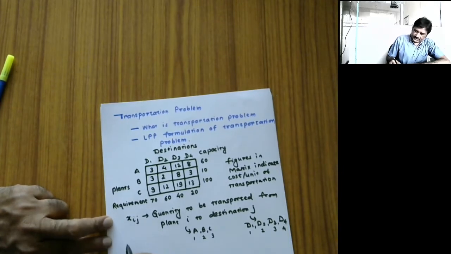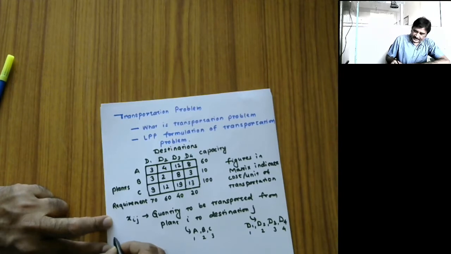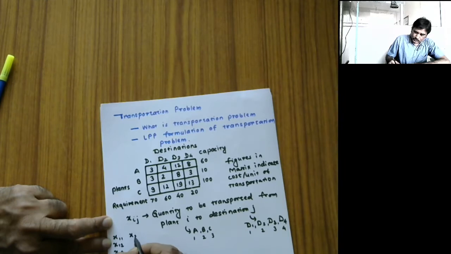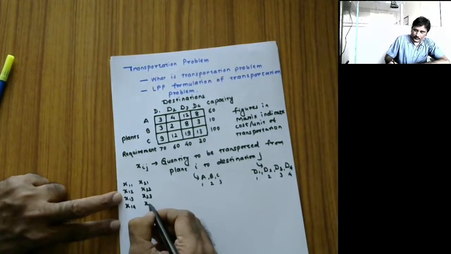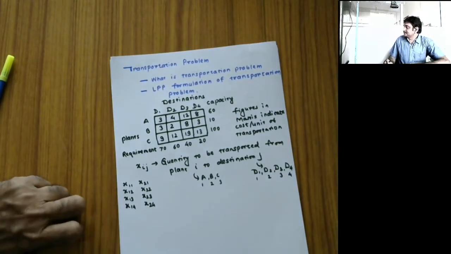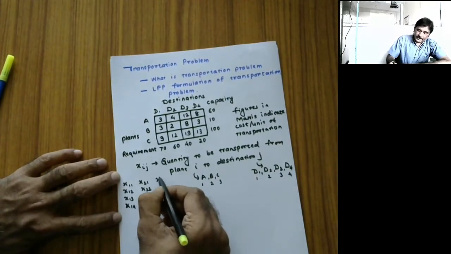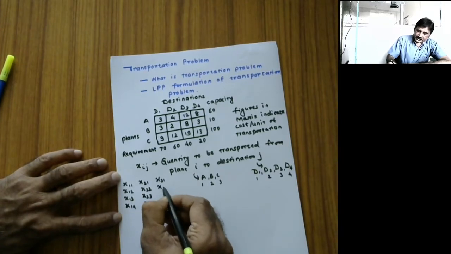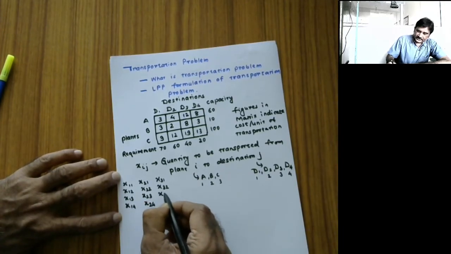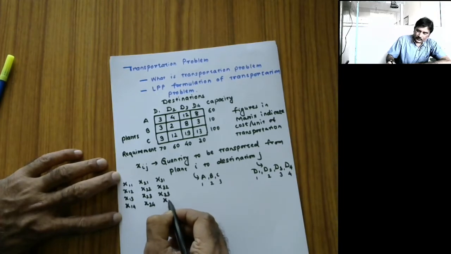For example, I'll just write the variables x11, x12, x13, x14, then x21, x22, x23, x24. And then the third group x31, x32, x33, x34.